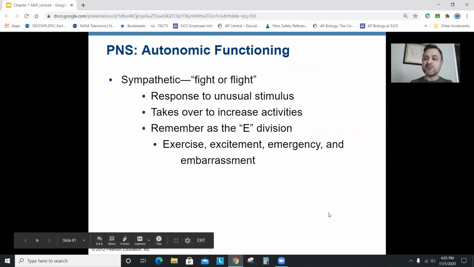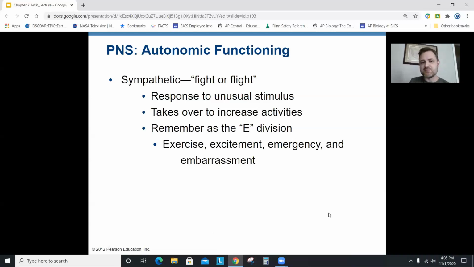So your sympathetic autonomic nervous system is nicknamed the fight or flight response. I like to think of the sympathetic division as taking a dial and turning it up, right? Turn up the volume. So these are things that typically would stimulate you. So think about someone's about to punch you in the face, and you either are going to respond by punching them back, or you're going to run away, right?